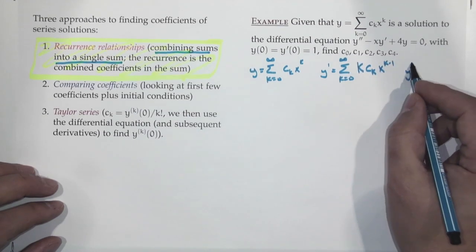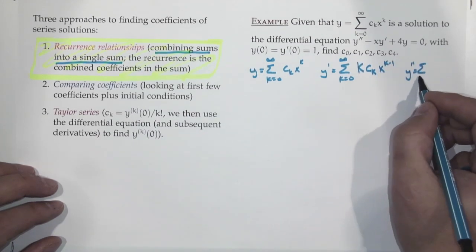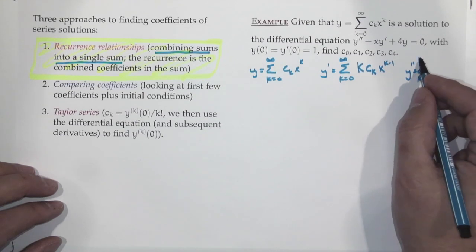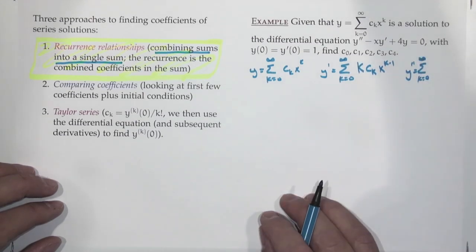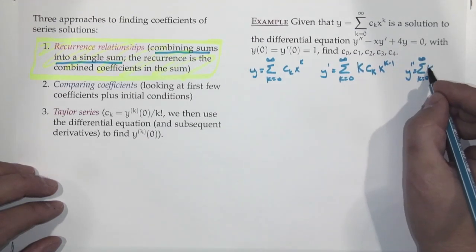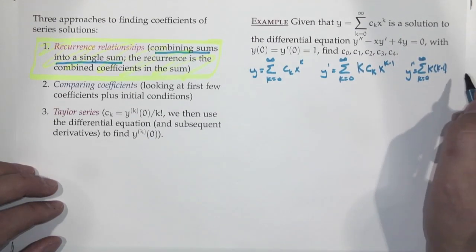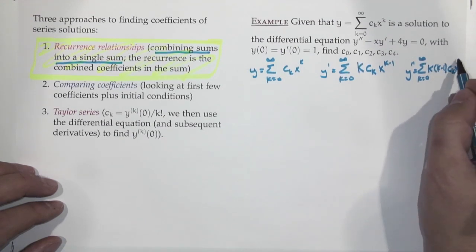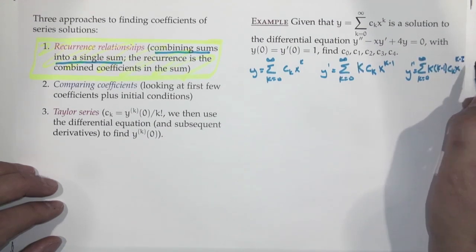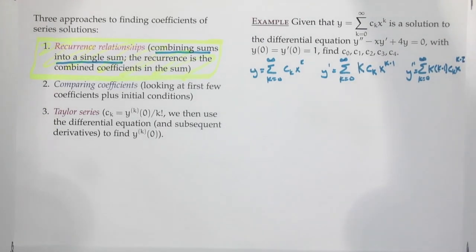What is y double prime? k times k minus 1, c sub k, x to the k minus 2. Well, you know what I mean. All right, so there's our y prime and our y double prime, all as sums.